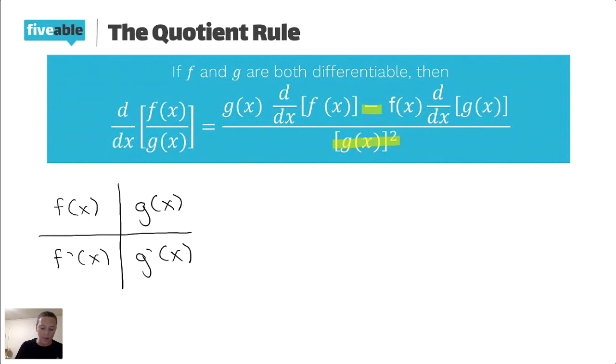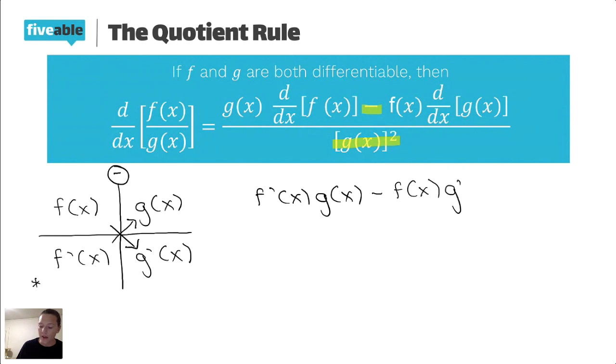We're going to start in that bottom left-hand corner, and we're going to criss and cross again. But this time, because we are using the quotient rule, remember quotient tells us that we have 2 functions being divided, I'm going to use subtraction. So I'm going to have f prime of x times g of x minus f of x times g prime of x.